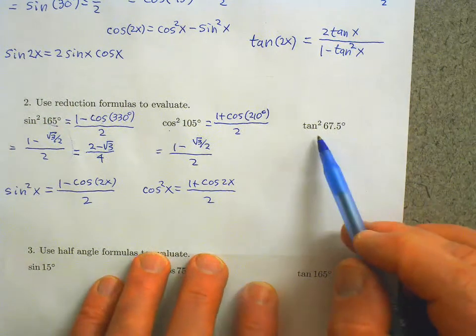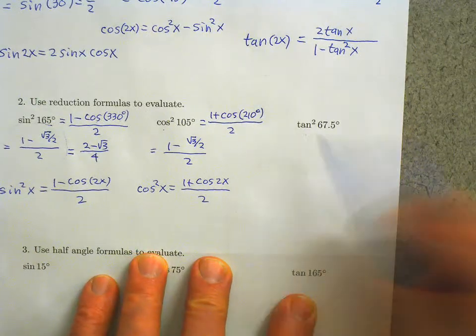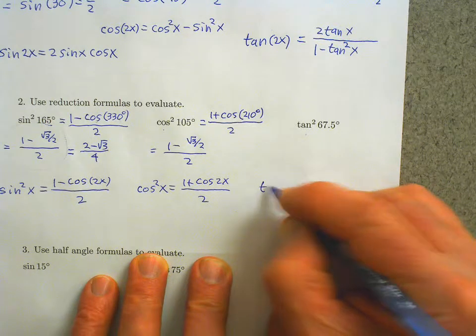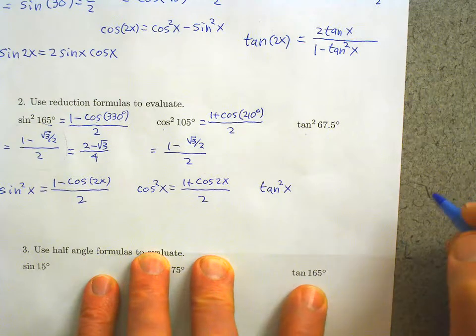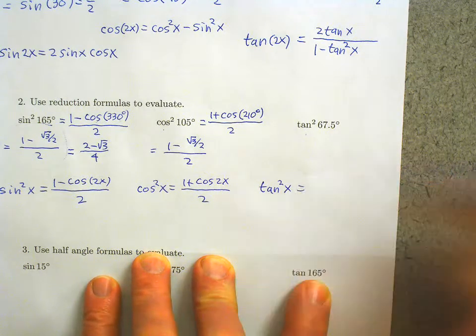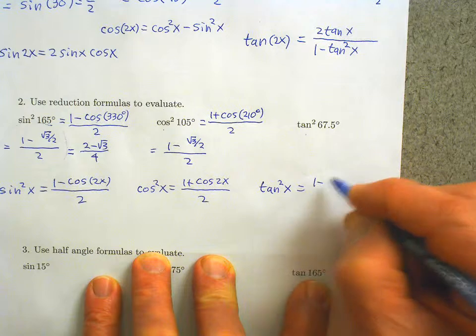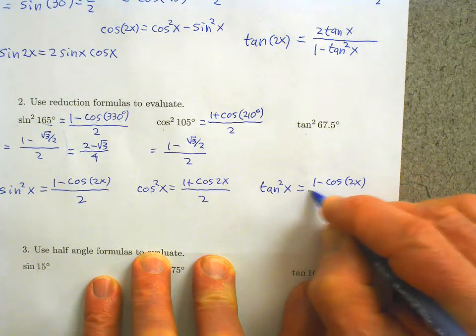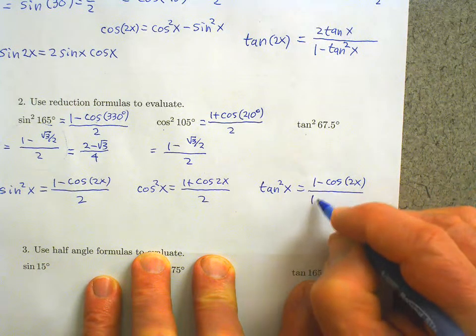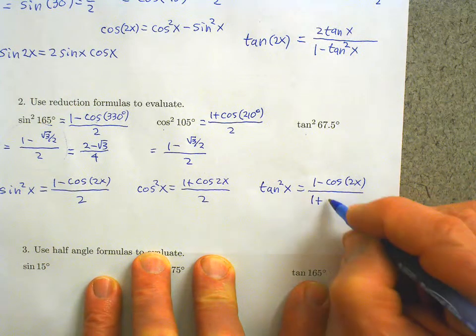Okay, the reduction formula for tangent squared. So tangent of x squared, that's just 1 minus cosine of 2x divided by 1 plus cosine of 2x.